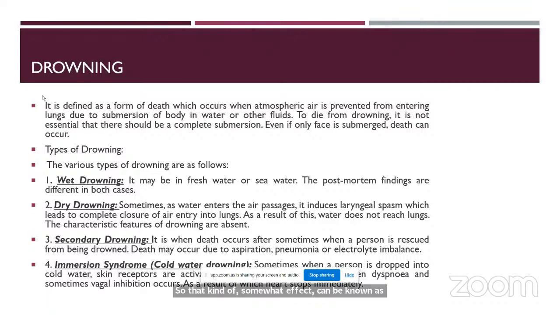The skin of the hand and feet may show a bleached and sodden appearance due to prolonged stay of the body in water. It may be 2 hours, 3 hours, or from 10 to 12 hours. This particular term is known as washerwoman's hand.